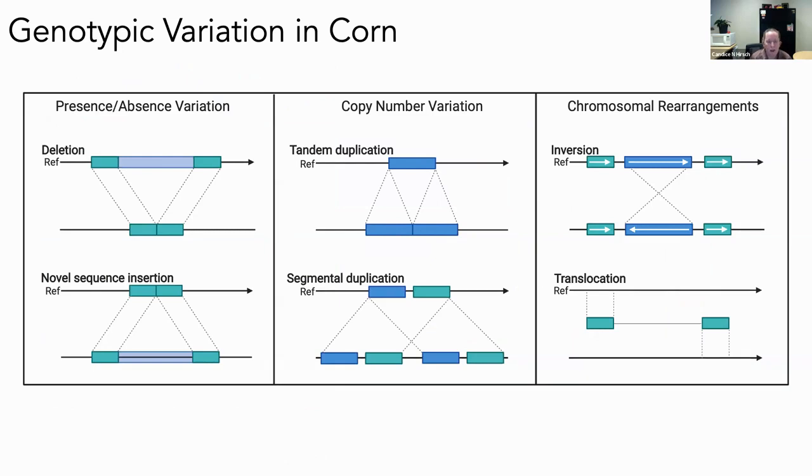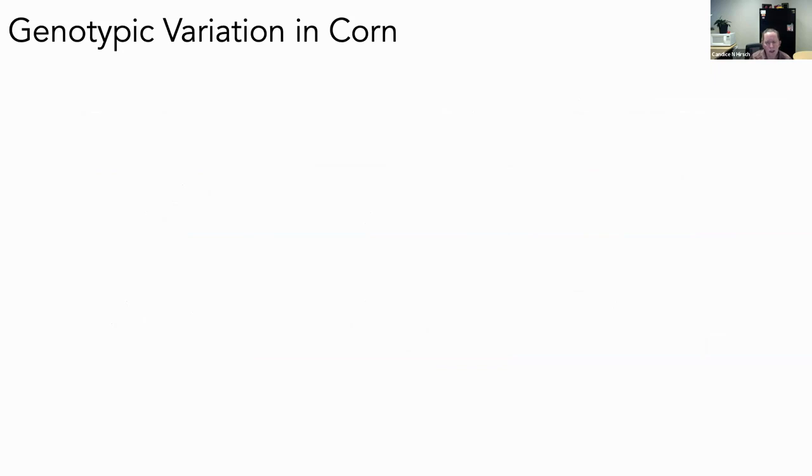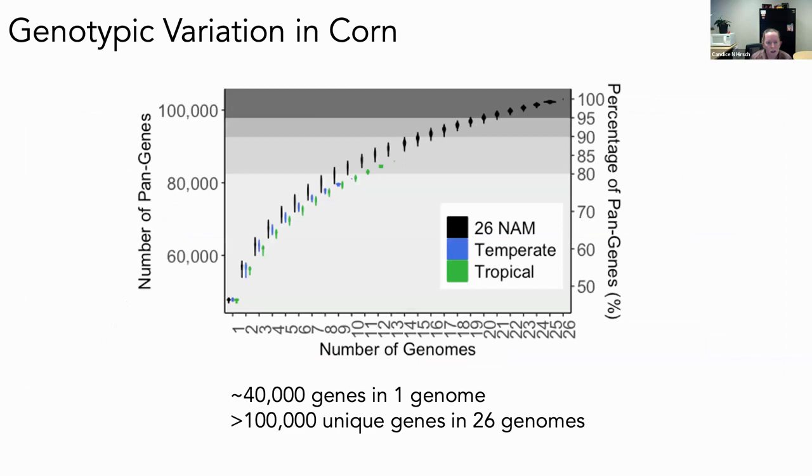It's something that has really taken off a lot in the last couple of years as technology has changed and allowed this to actually be measured. And just to give you a feel for how much variation there is of this type, we looked across 26 different varieties of corn. In one variety, there's about 40,000 genes.